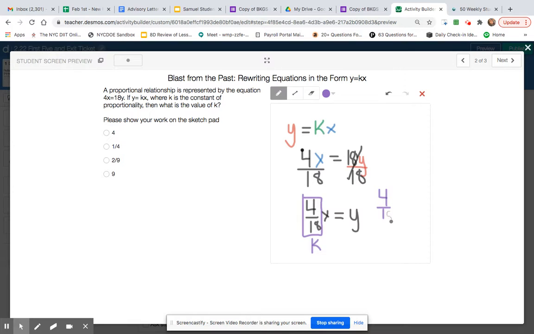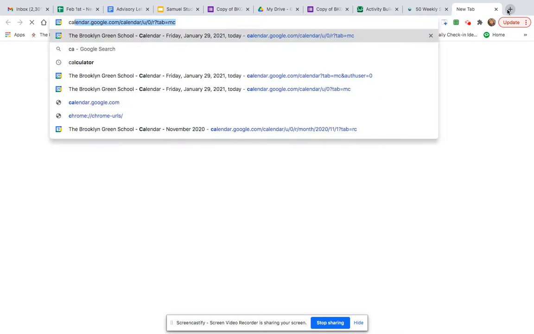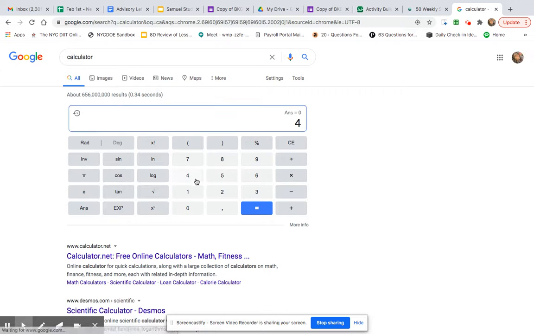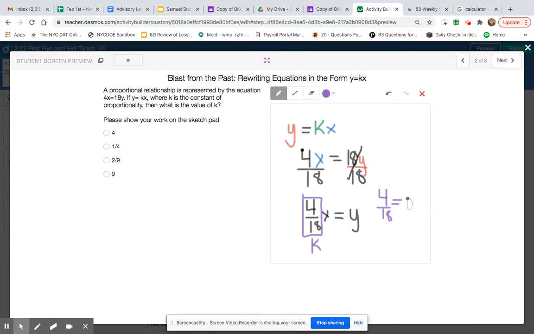So if you plug in 4 over 18 into your calculator, 4 divided by 18, you get 0.2 repeating, right? So this is going to be 0.2 repeating, okay?